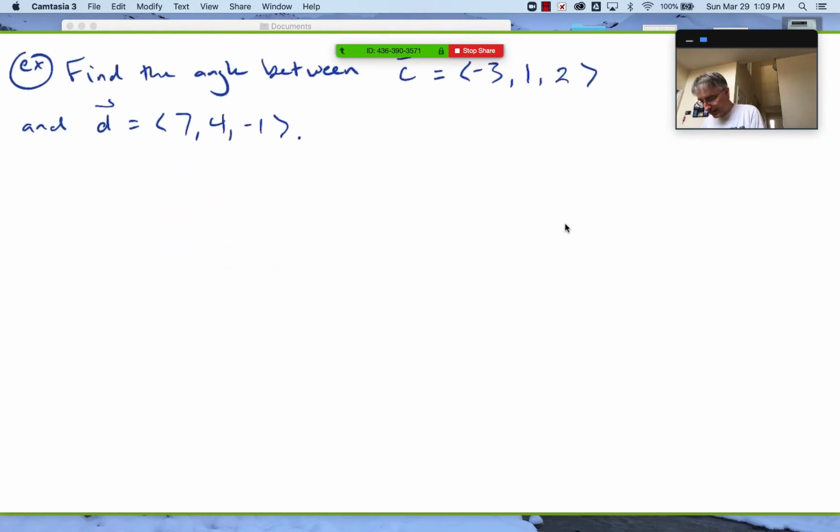I'm still going to say cosine theta equals, dot product of C and D divided by the magnitudes, the product of the magnitudes.